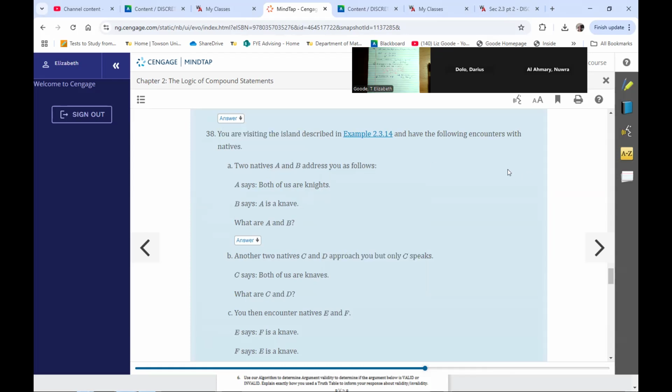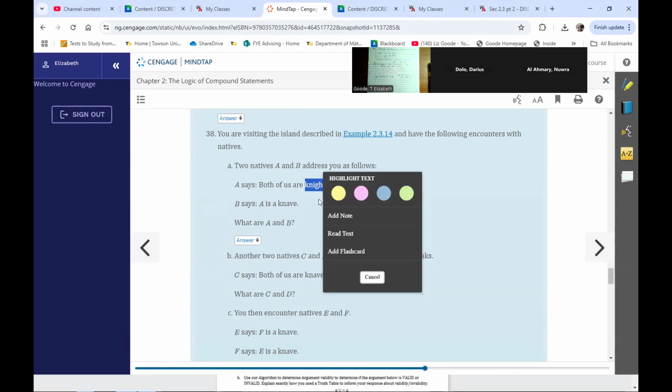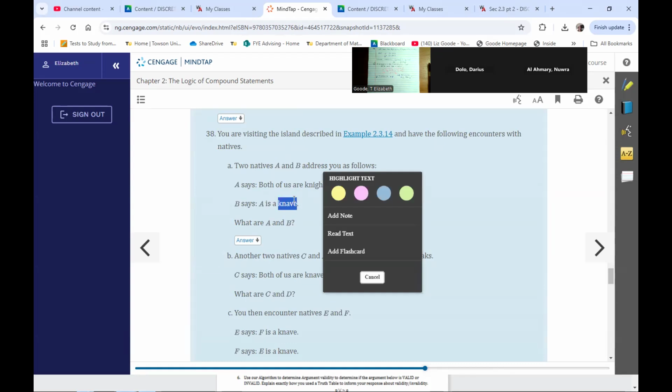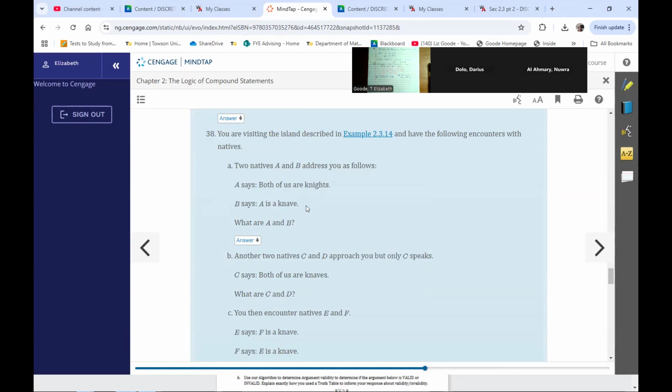And this is what happens on this island. The natives live there, okay? And every native is either a knight or a knave. Knights always tell the truth and knaves always lie. So knights are like knights in shining armor. They're good, they always tell the truth. Knaves are liars. Everything they say is a lie.